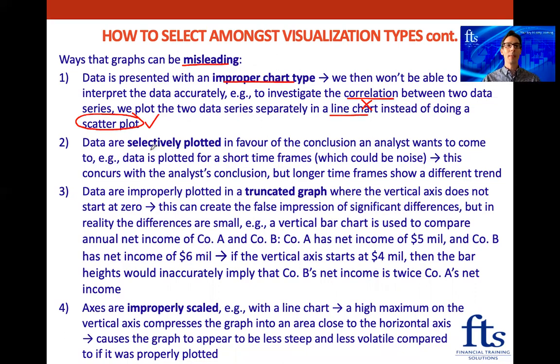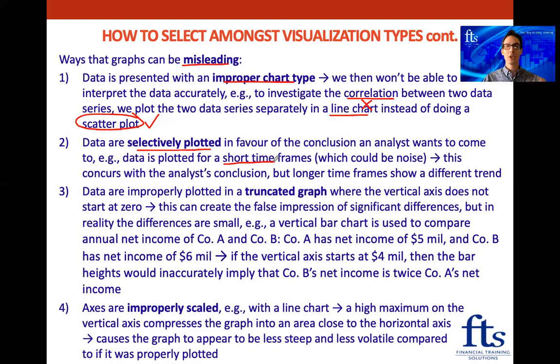And then the second way that graphs can be misleading is if data are selectively plotted in favor of the conclusion an analyst actually wants to come to. So for example, let's say data is plotted only for a short time frame, and that could be noise. It might only be applicable to a certain time frame only.